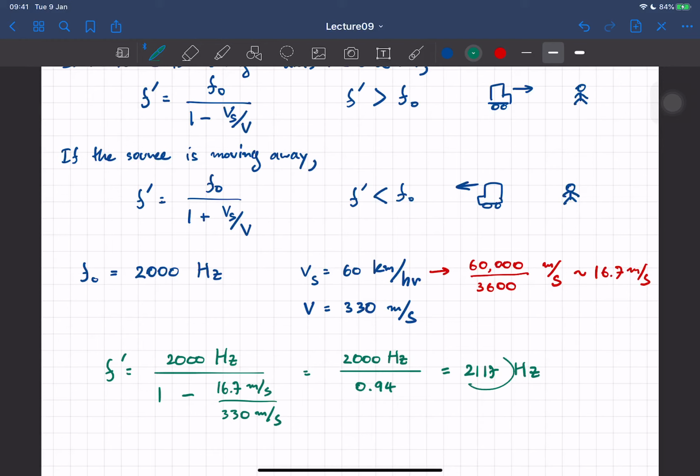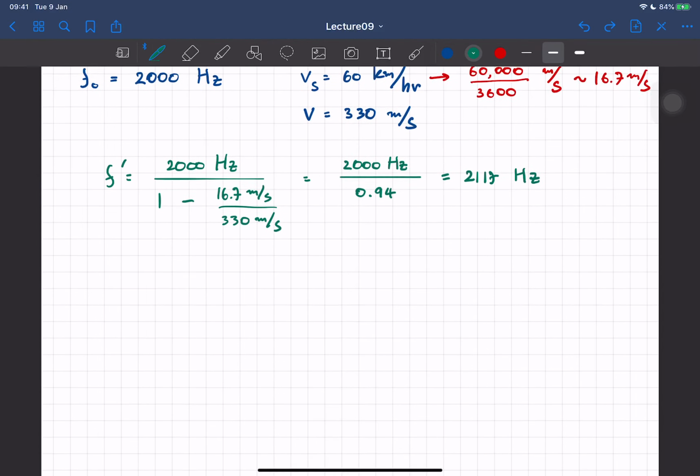So you can see that the frequency is higher, not much, by about 5% compared to what you have earlier, right? But this 5% increase in the frequency is more than enough for our ear to notice, right? So actually, our ear is quite good in detecting change in the frequency, right? So something like this is easily observed in our daily life.